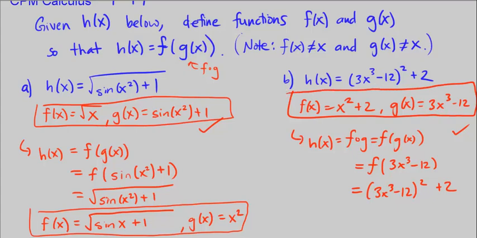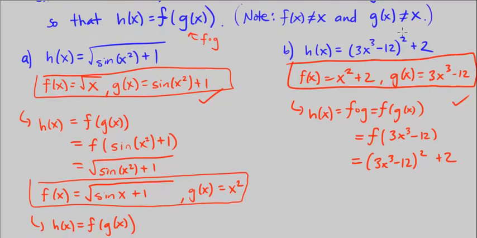Let's look at a different possibility. What if this whole thing was g? Then f of x could be just x plus 2, since I'm just adding 2, and g of x can be 3x cubed minus 12 squared.